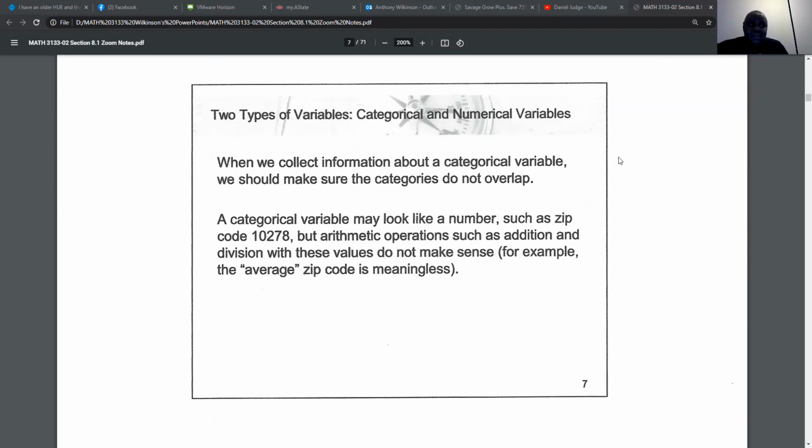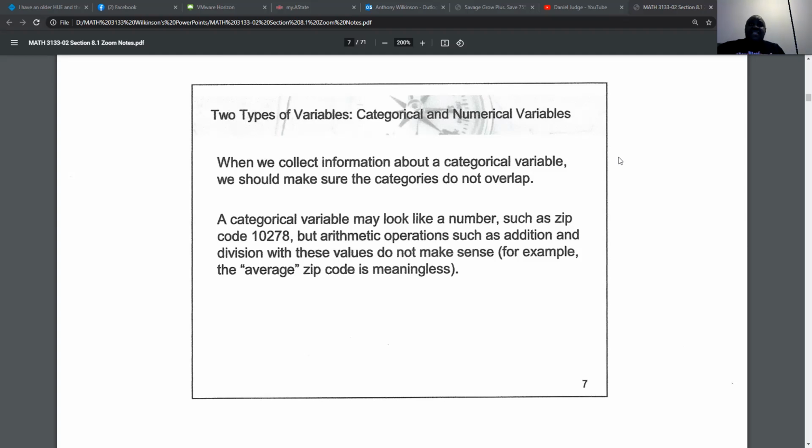Okay, so we can't say that one zip code is greater than the other. Really, that doesn't make sense. So that's just a categorical variable.